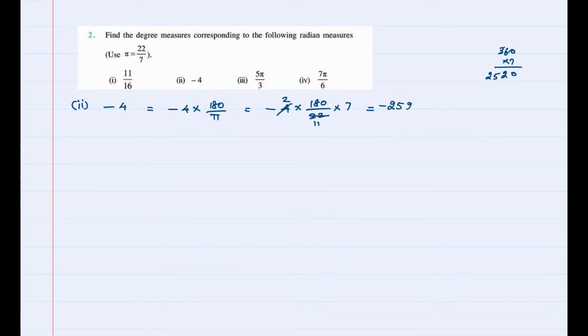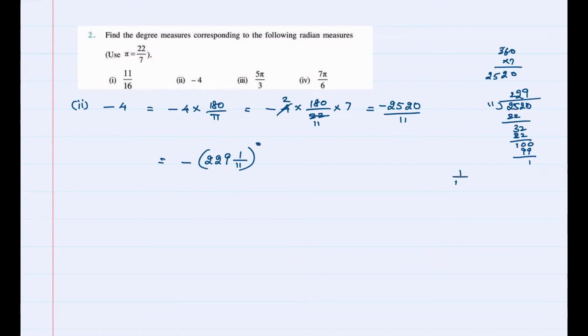Negative 2520 upon 11. Let us divide by 11. 2 times 22, 109 times it goes. This can be written as negative 229 and 1 by 11 degrees.